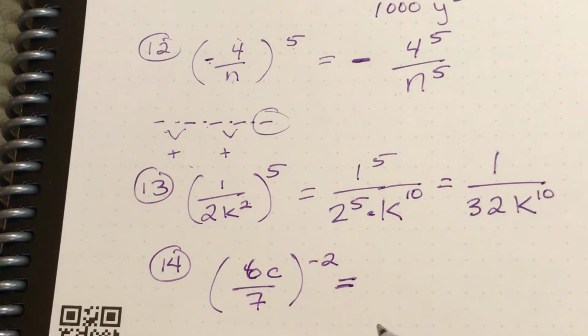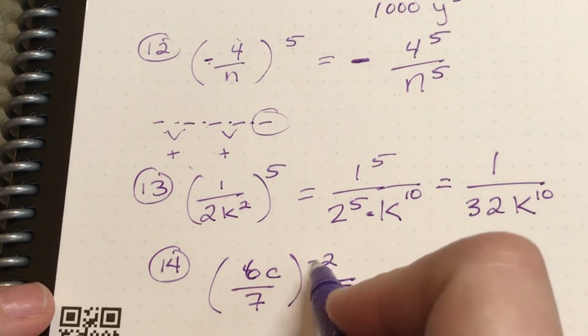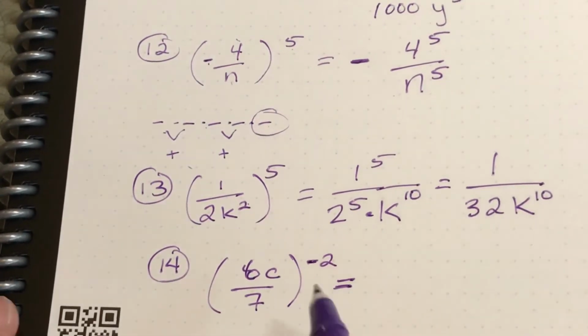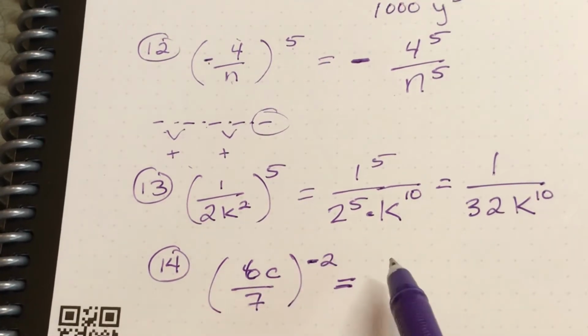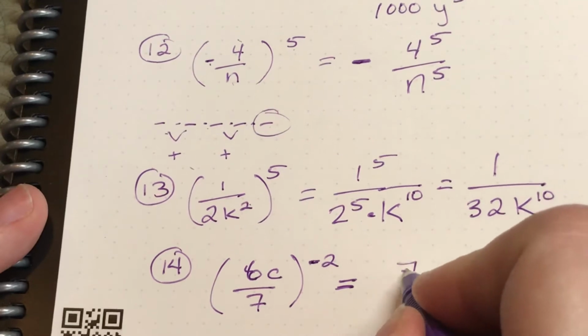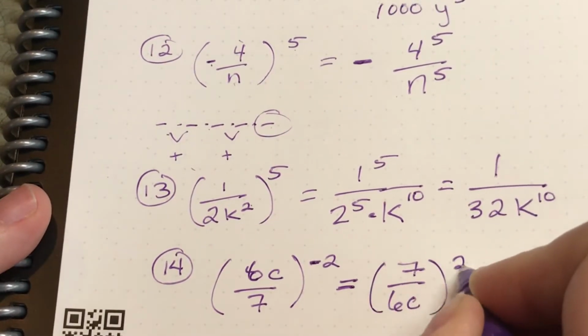All right. For this one, we have everything to a negative power. There's lots of different ways that you can deal with that, but my preferred way is to deal with the negative first, and you can do that by just flipping the whole fraction. So this is now 7 over 6c to the positive 2.